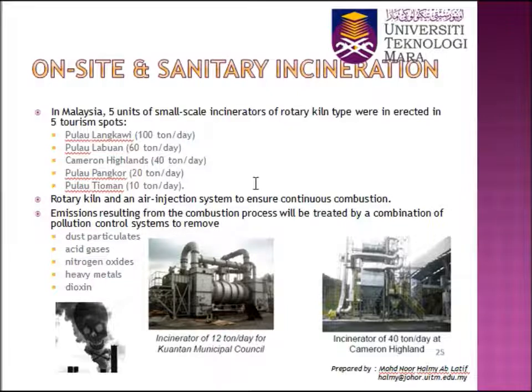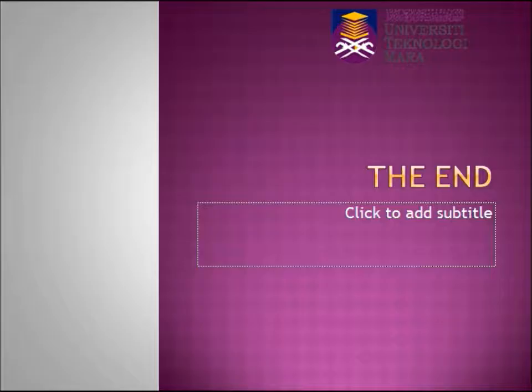Okay, macam saya tunjuk tadi lah, air injection system tu untuk memastikan continuous combustion. Okay, emission resulting from the combustion process will be treated by a combination of pollution control system to remove dust particulates, acid gases, nitrogen oxide, heavy metal and dioxin. So tengok ni yang atas ni, piping atas ni lah. Okay, untuk treatmentkan gas-gas yang terkeluar semasa pembakaran.